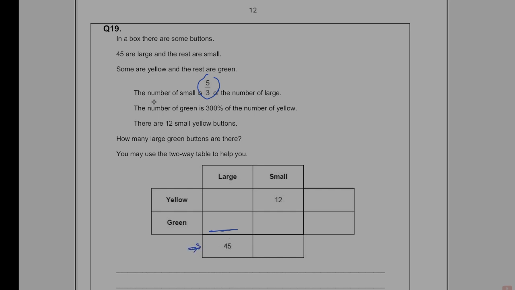So if the number of small buttons is 5/3 the number of large buttons, I'm going to do 45 times by 5 over 3, which is going to be 15 times by 5, which is going to give us 75. Just checking my work in there. Yeah, 75.